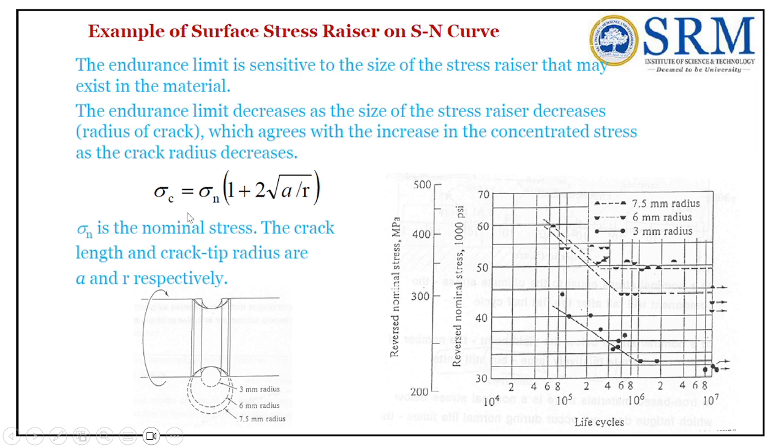The sigma c, that is the fatigue crack stress, can be calculated using this relation: sigma c is equal to sigma n into 1 plus 2 root of a by r, where sigma n is the nominal stress, and a and r are the crack length and the crack tip radius respectively.